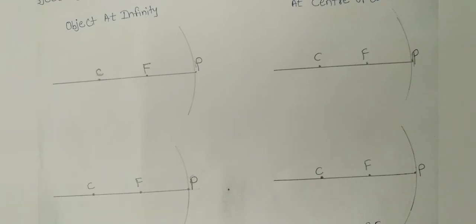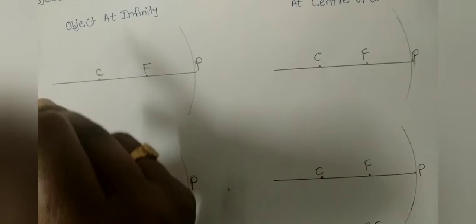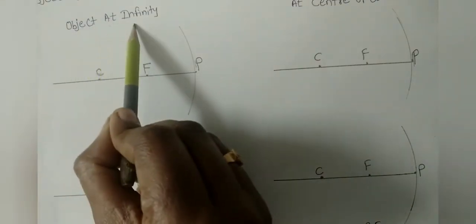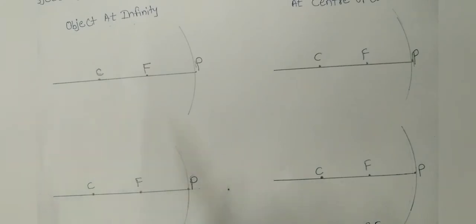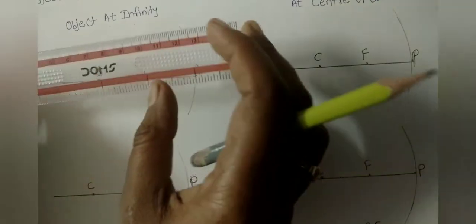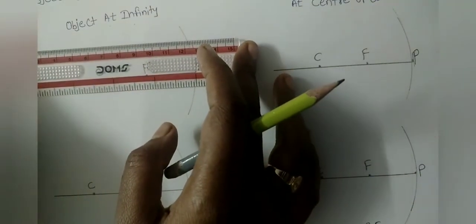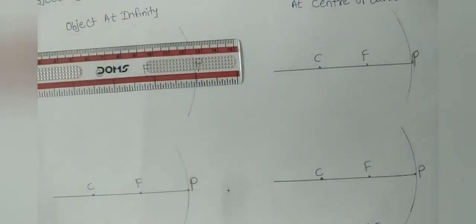The first case is when the object is at infinity. The rays coming from object placed at infinity are parallel to the principal axis, which pass through the focus after reflection. And when the reflected rays intersect with each other, that will be the image of that object.